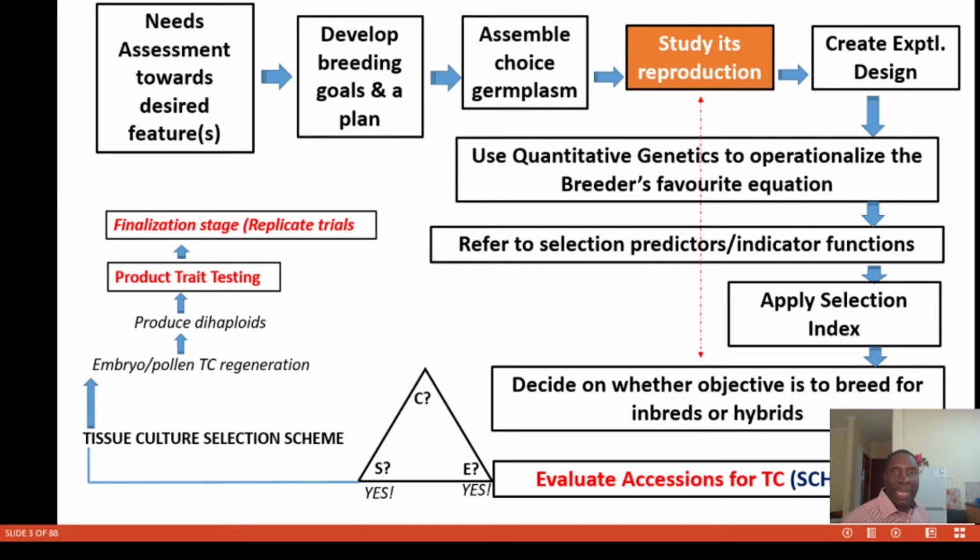Then we looked at the issues of developing breeding goals and having a plan.